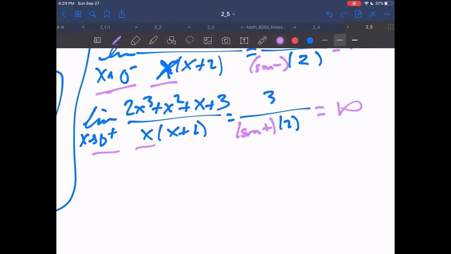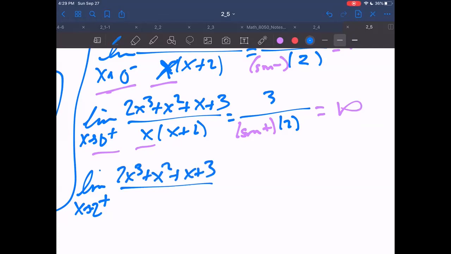So now we'll look at the limit as x approaches, sorry, negative 2 from the right of our function. If we plug negative 2 in, we get negative 11 in the numerator. And here it's swapped. So here the issue is with this x plus 2, because we can't just plug negative 2 in because that'll be 0.